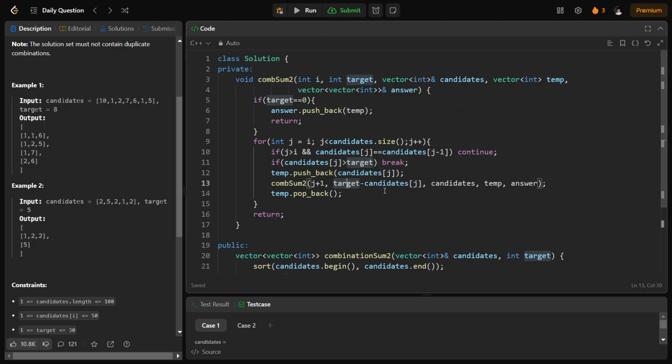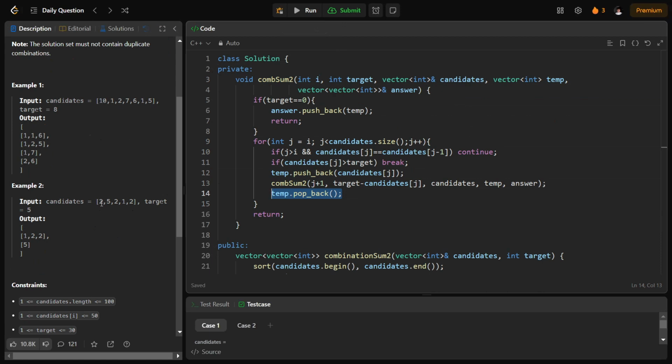If you think of this recursively, this would make more sense. In the end, since we have all the answers stored in the answer array, I just remove that element again, because when we pushed candidates of j, we changed the state, right? So we need to revert the state before returning. Then you do this each and every time.